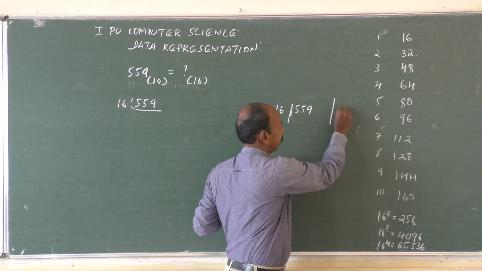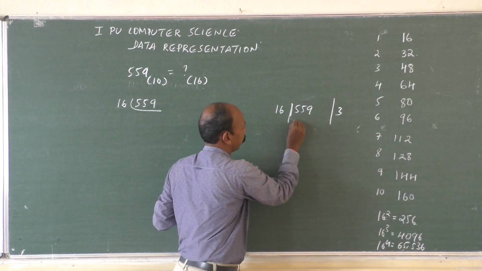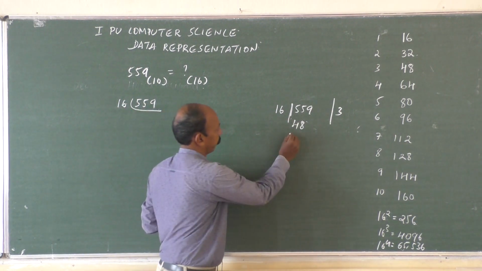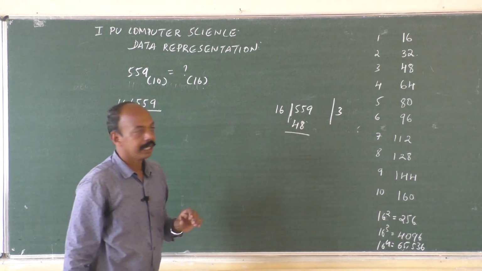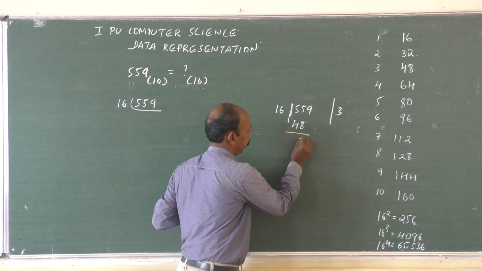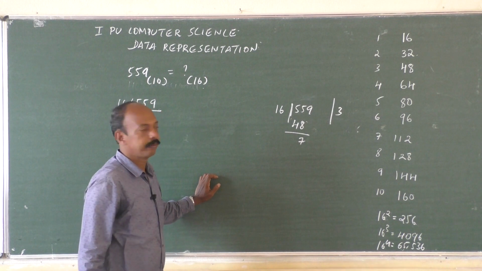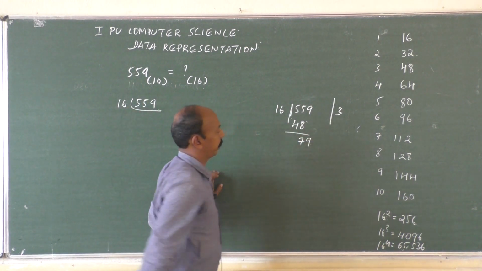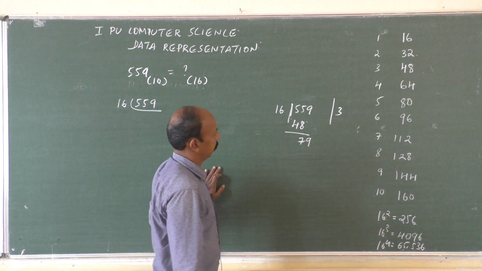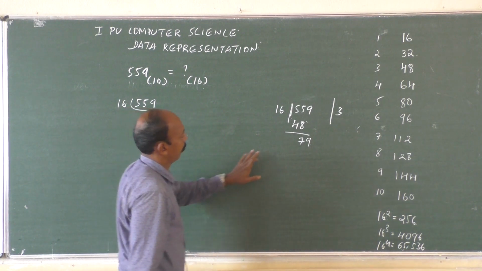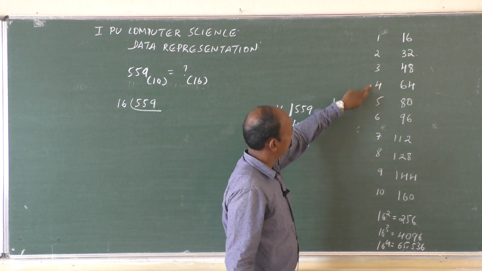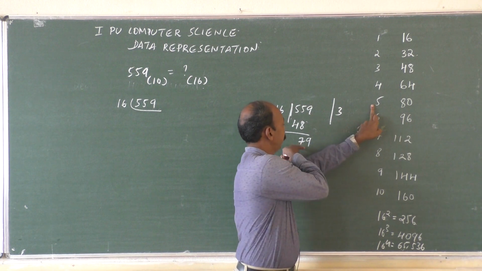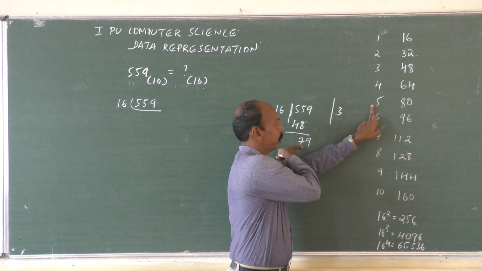So here 3, 48. 55 minus 48 is 7. Bring down this 9 here, 79. Where is that? 79, how many times? 4s are 64, 5s are 80, but what we have is 79. So it's not possible.